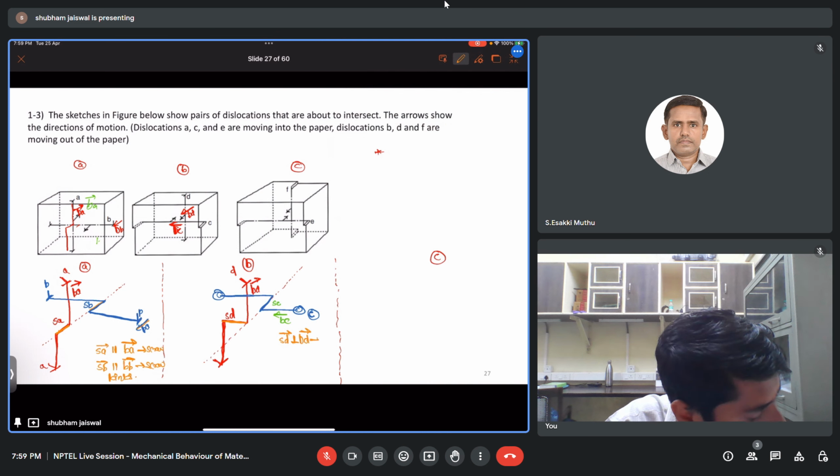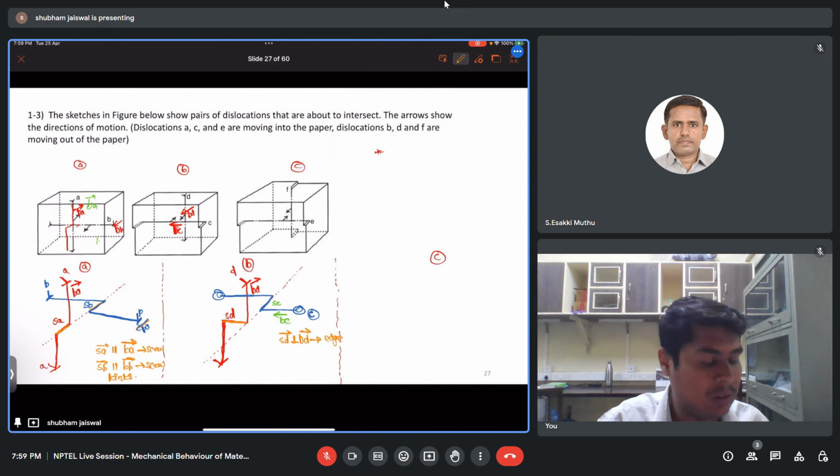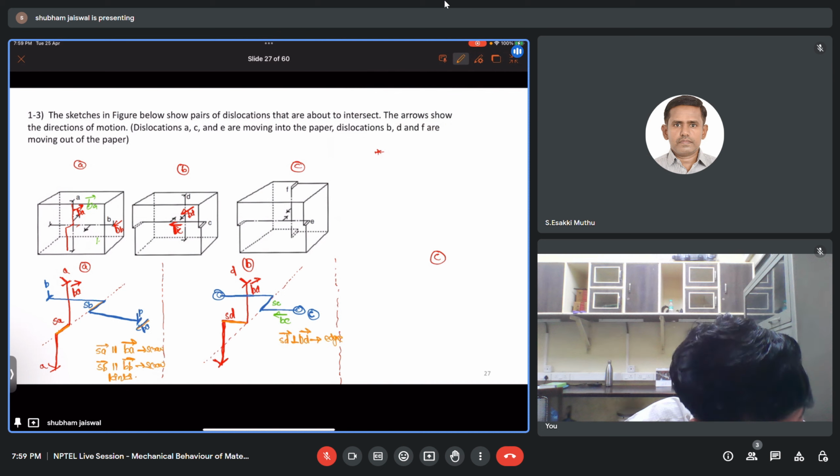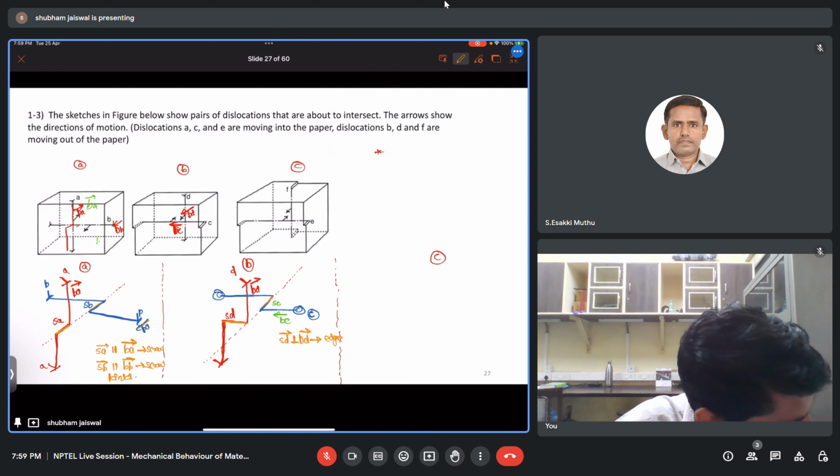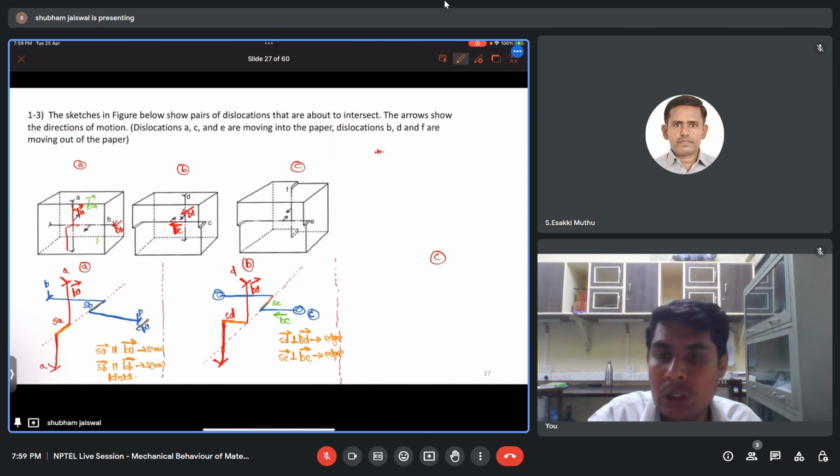So this has an edge character. Now similarly here you can see SC is perpendicular to the Burgers vector of C. So SC is also perpendicular to Burgers vector of C. It means it also has an edge character.